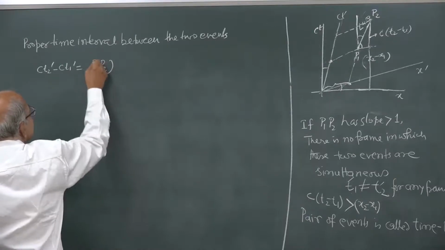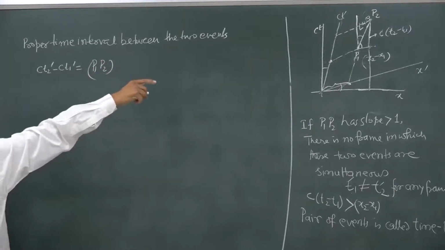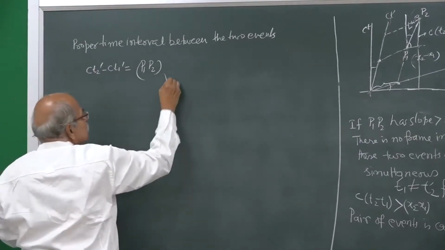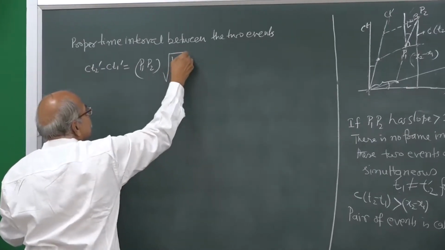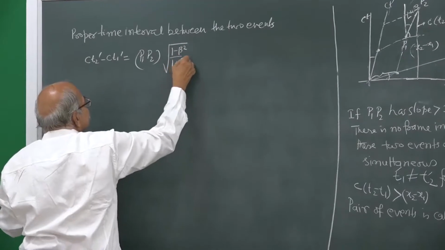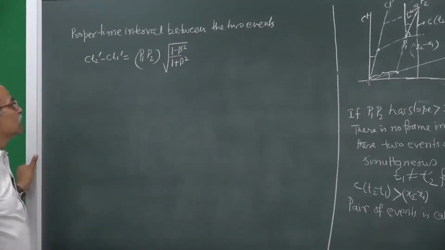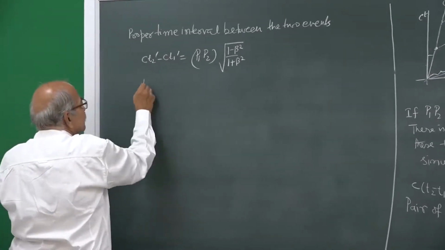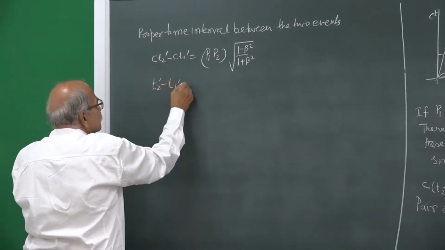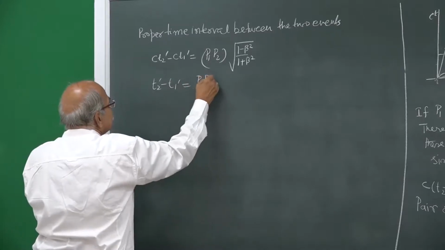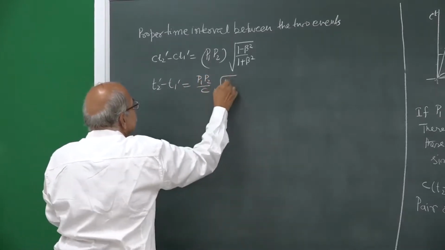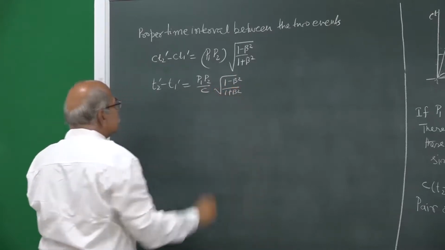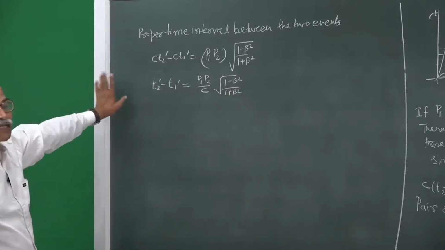But that is on this Minkowski diagram, and if you want the time in seconds, this has to be multiplied by square root of 1 minus beta square by 1 plus beta square. So, T2 prime minus T1 prime is equal to P1 P2 divided by C, and then square root of 1 minus beta square by 1 plus beta square. That is the proper time interval.